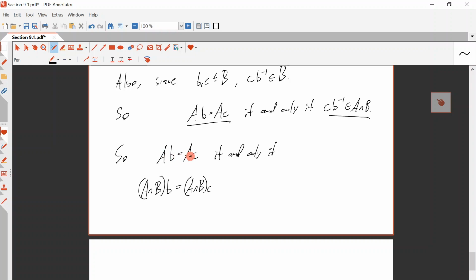So two right cosets of A are the same if and only if the corresponding right cosets of A intersection B are the same.